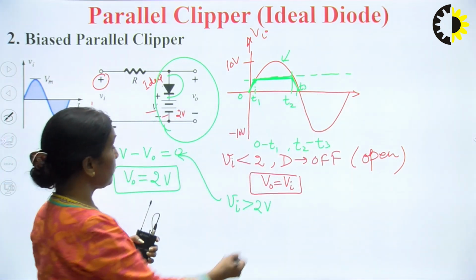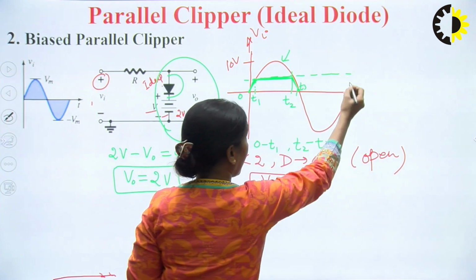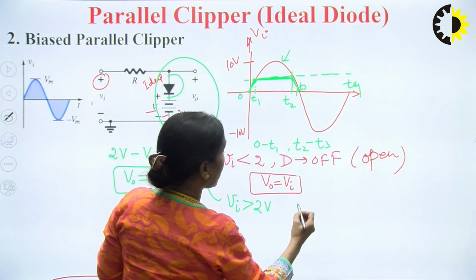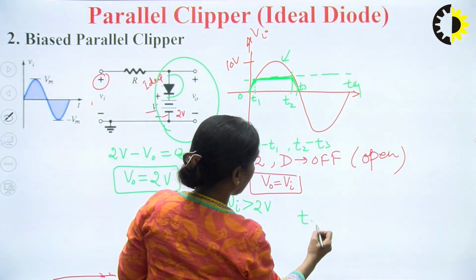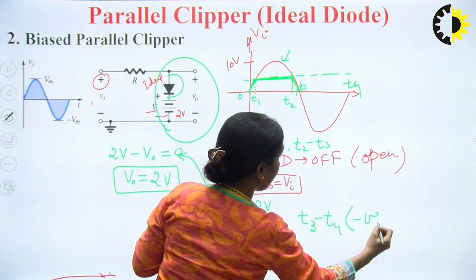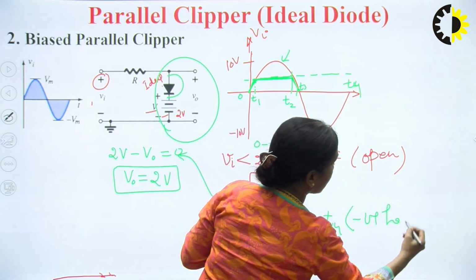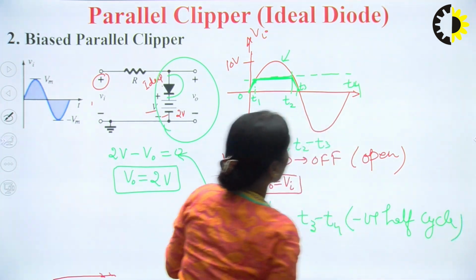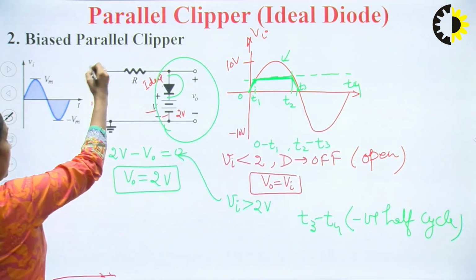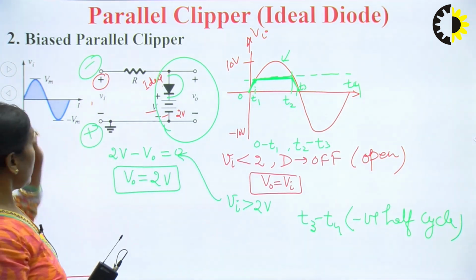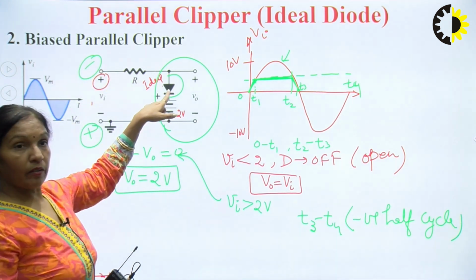Now coming to the negative half cycle, T3 to T4. During the time period T3 to T4, which is the negative half cycle, this terminal will be at negative potential and this will be at positive. So see, this negative will make your diode reverse bias.